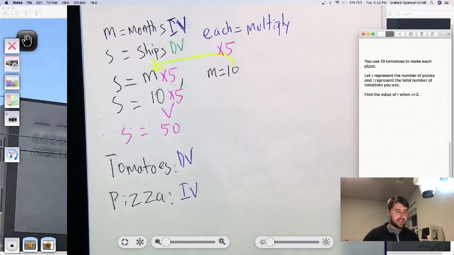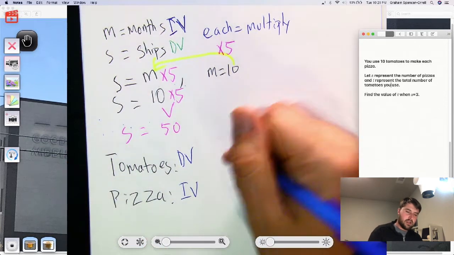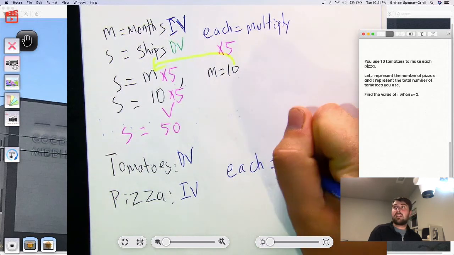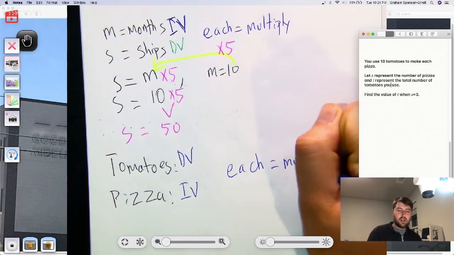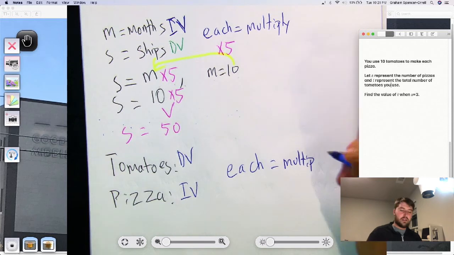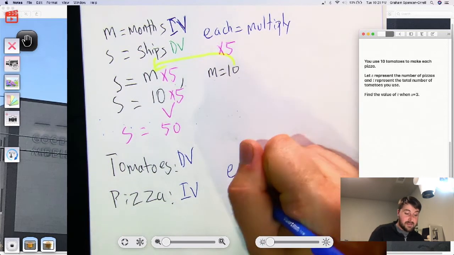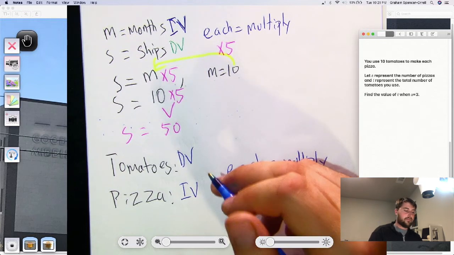Now we know again that each equals multiply. How much are we going to multiply by? Well, there's 10 tomatoes on each pizza, so we're going to do our independent variable times 10.